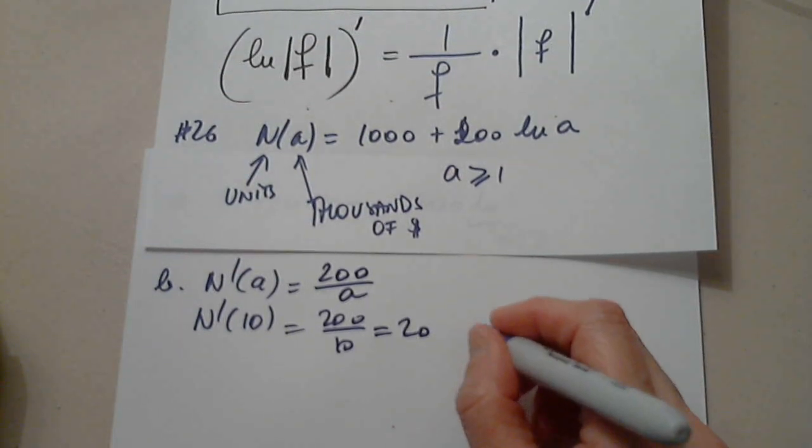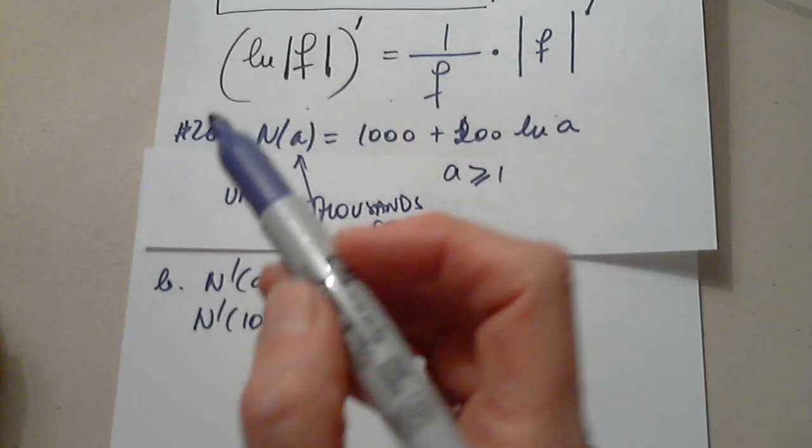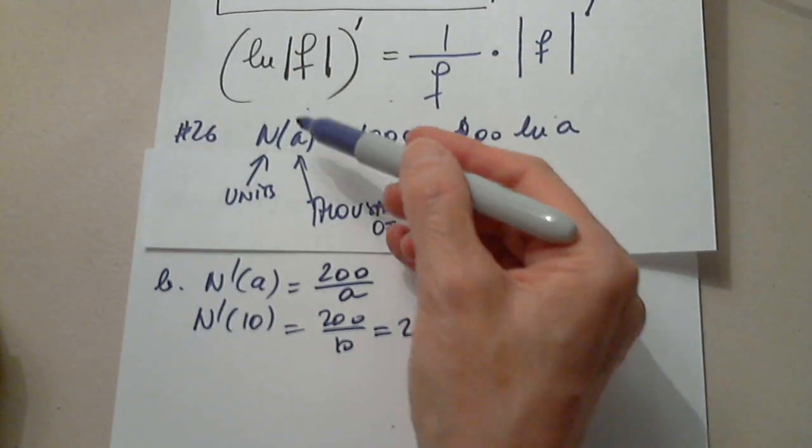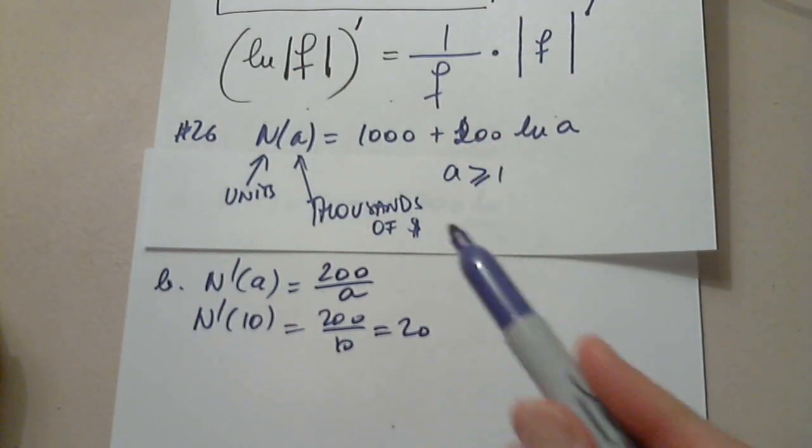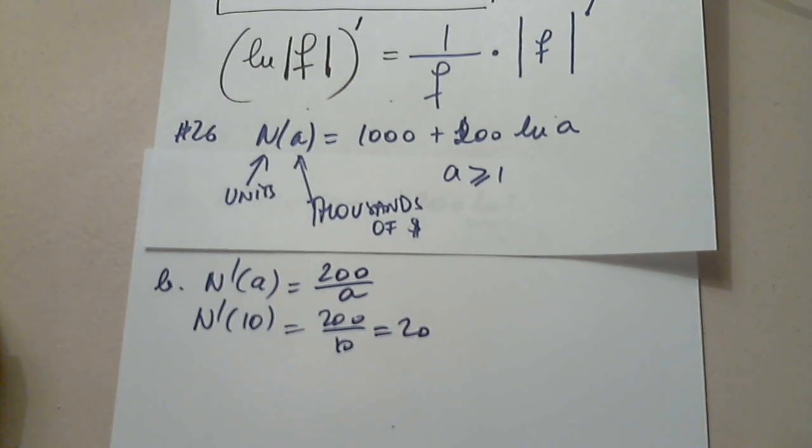Measurement unit. So remember, N is measured in units. A is measured in thousands of dollars. What does 20 represent? The measurement unit. Is it just 20 units?